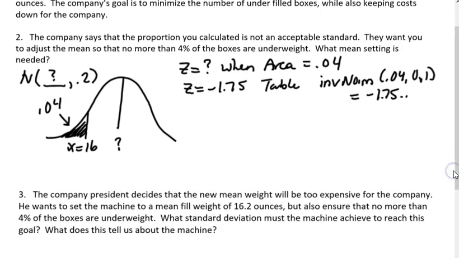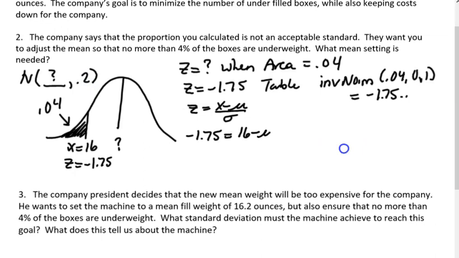So how does this help me? Well, I remember that z equals x minus mu over sigma. So now I know the z value that goes with this x value. This z value is negative 1.75 if this is my area. And I know my standard deviation is 0.2, so I can say negative 1.75 equals 16 minus mu over 0.2.